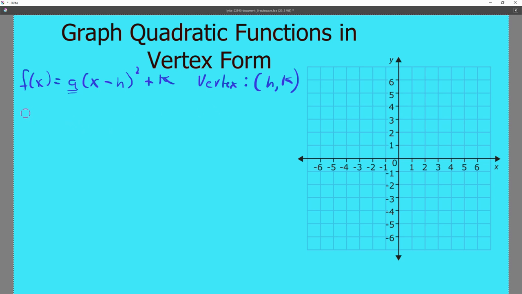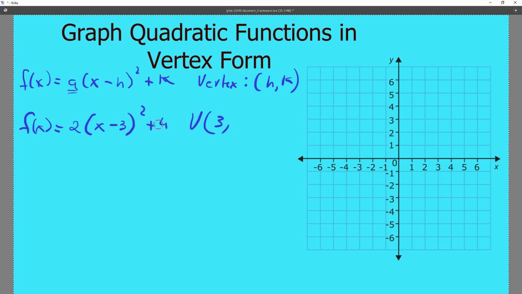Okay, so let's do an example. I'm going to do 3 examples with you guys. Okay, so f of x is equal to 2 times (x minus 3) squared plus 4. So the vertex is the opposite of this number. Okay, so its vertex is at 3, because opposite of negative 3.